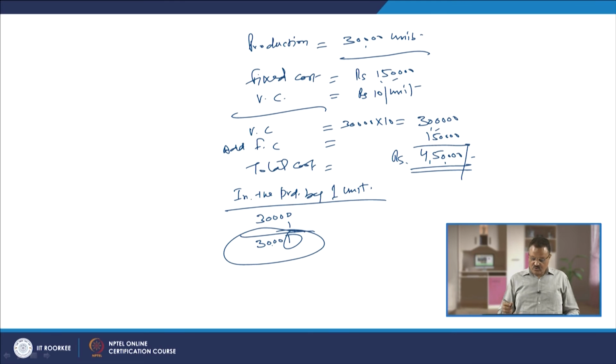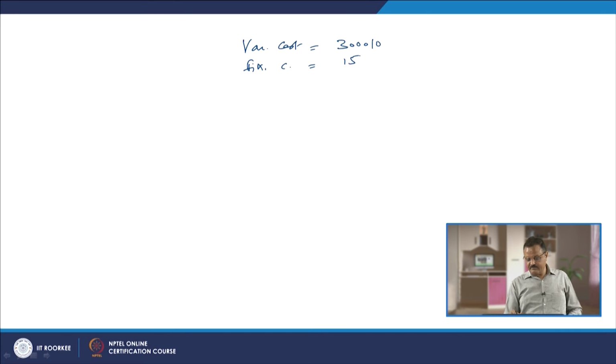Now you rework the whole costing system. What is the variable cost now? This is going to be 3,10,000 rupees. Now what is the fixed cost? It is the same, 150,000. So what is the total cost now?